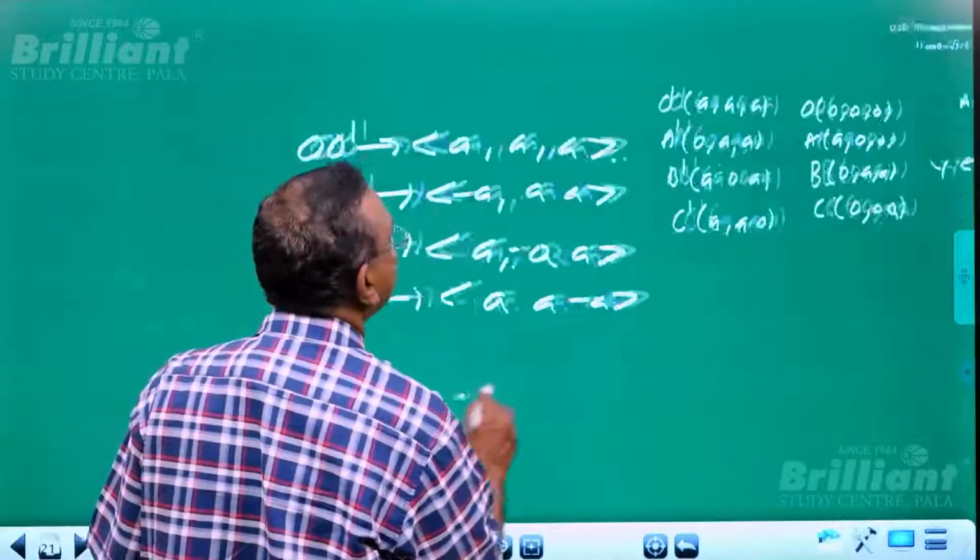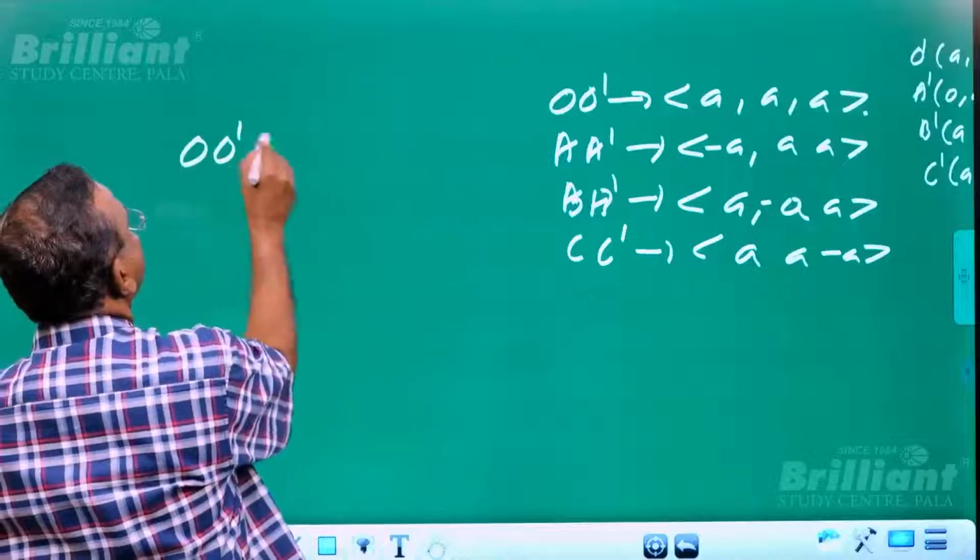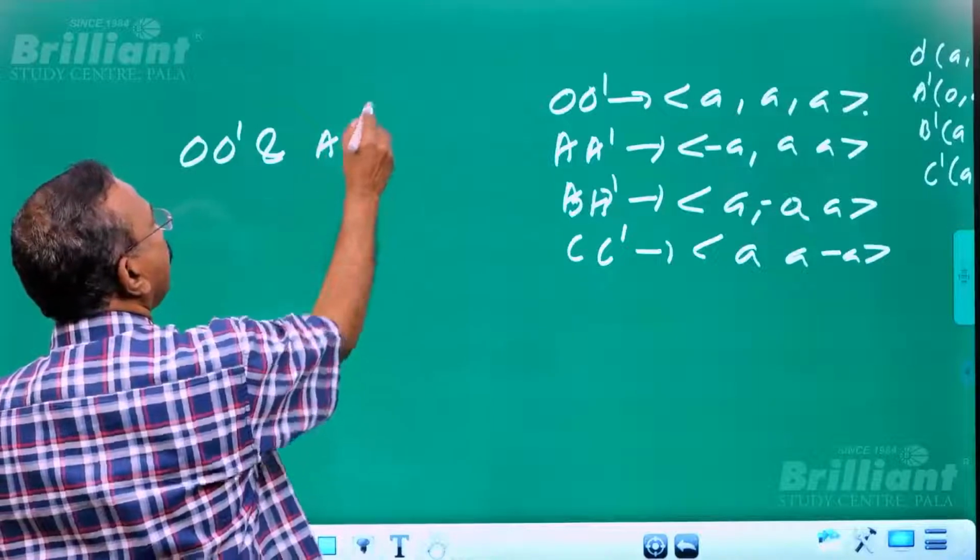So the angle between O dash and A dash. You can choose any other, no problem.